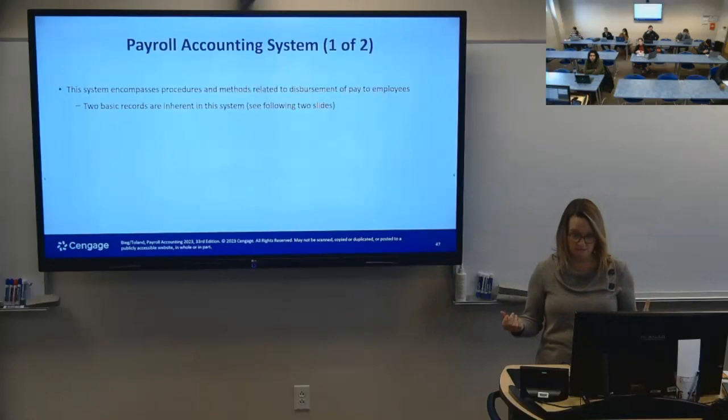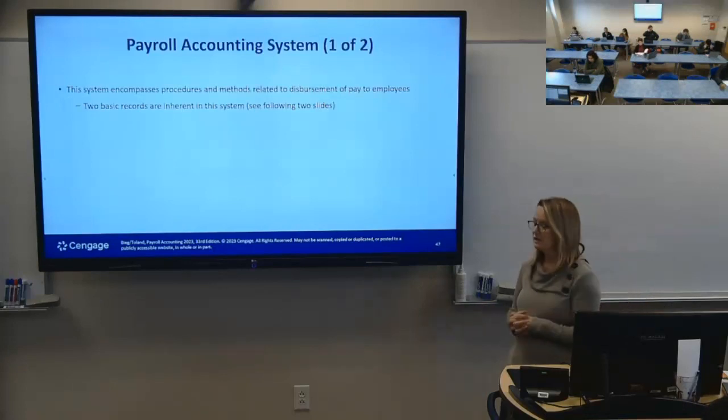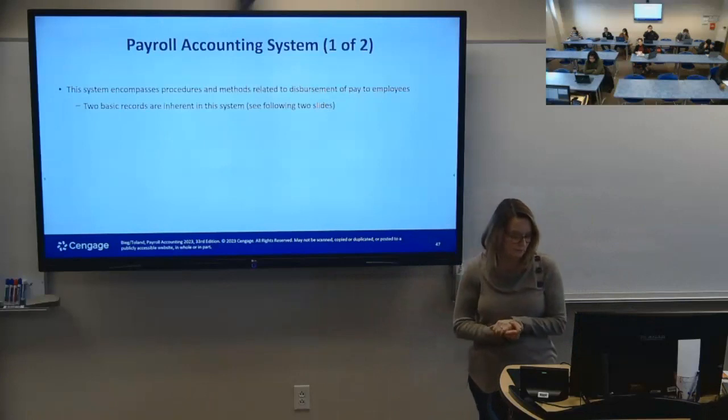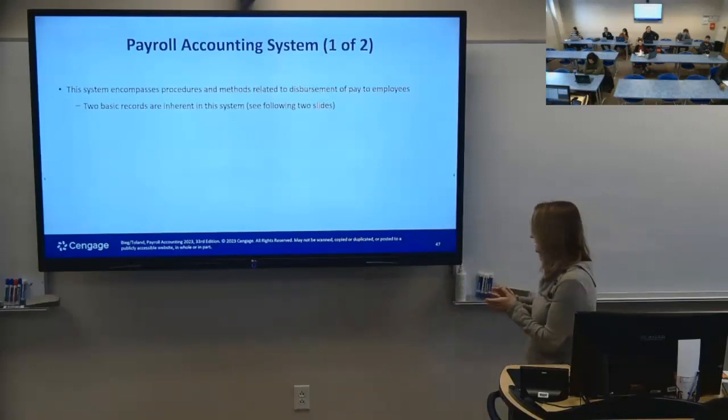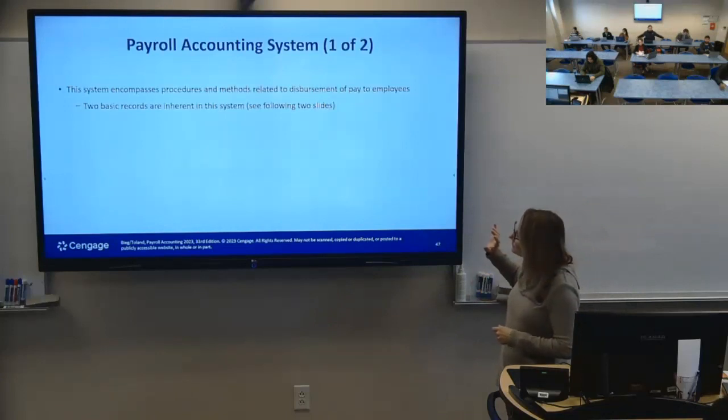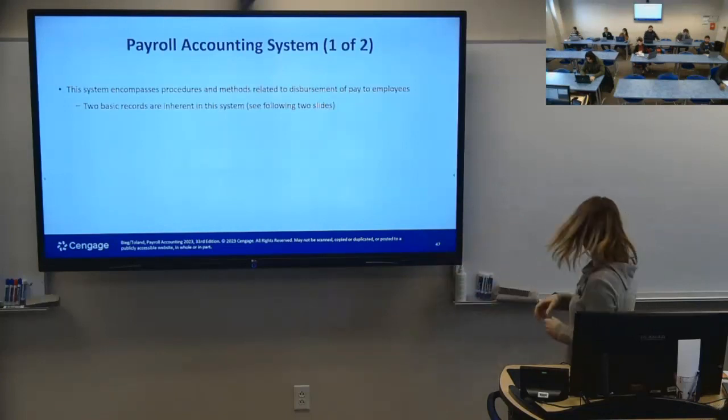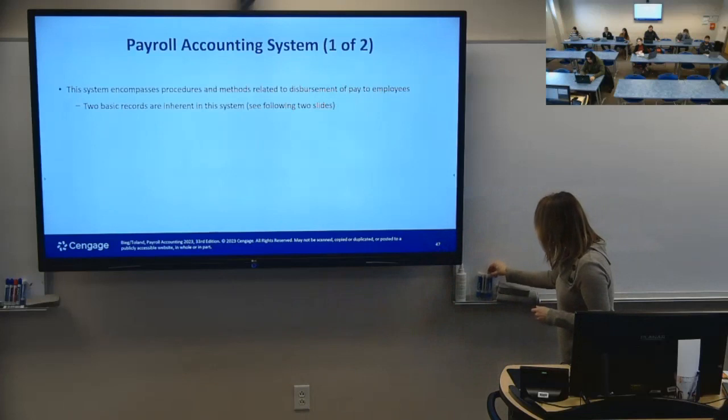In addition, it just makes life a lot easier if we know how much we've paid everybody year to date. We know what everybody's pay rate is, and we have access to all that information. So the 2 records, and I'll write them up here.